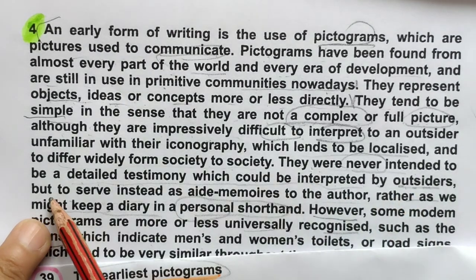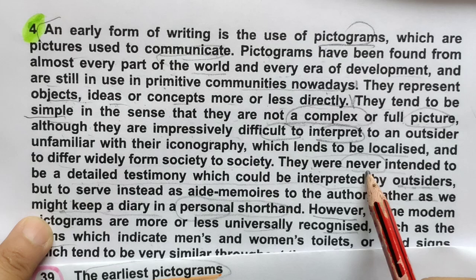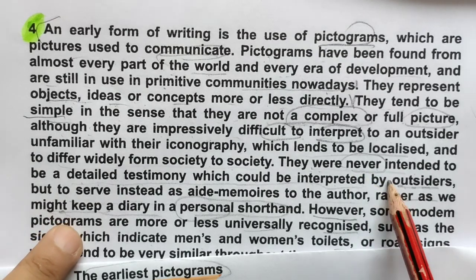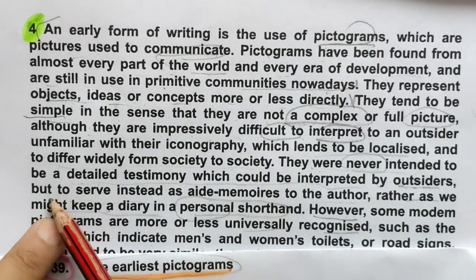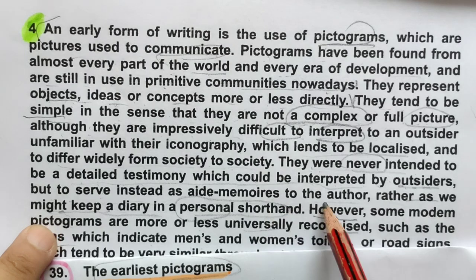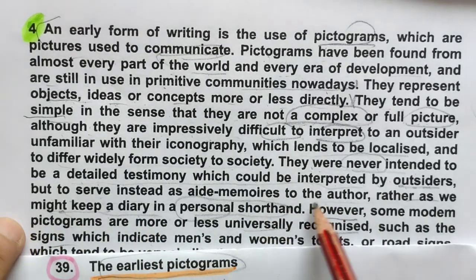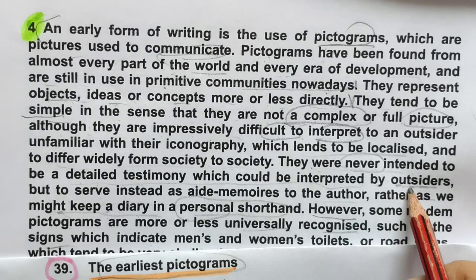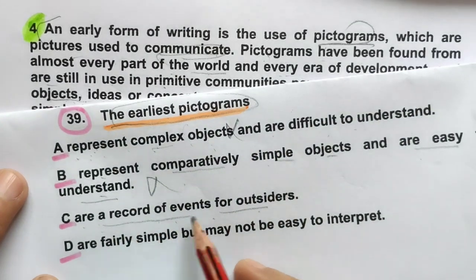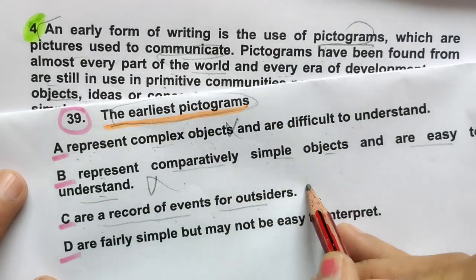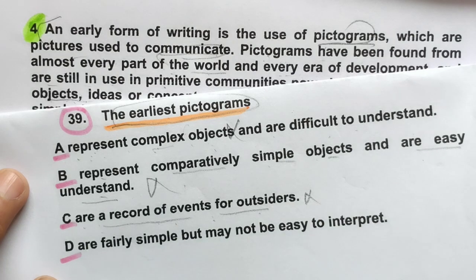It means outsiders can't interpret everything, but to serve instead as aid memories to the author, rather as we might keep a diary in personal shorthand. So everything could be understood by outsiders, are a record of events for outsiders. So this also is not exactly matching.